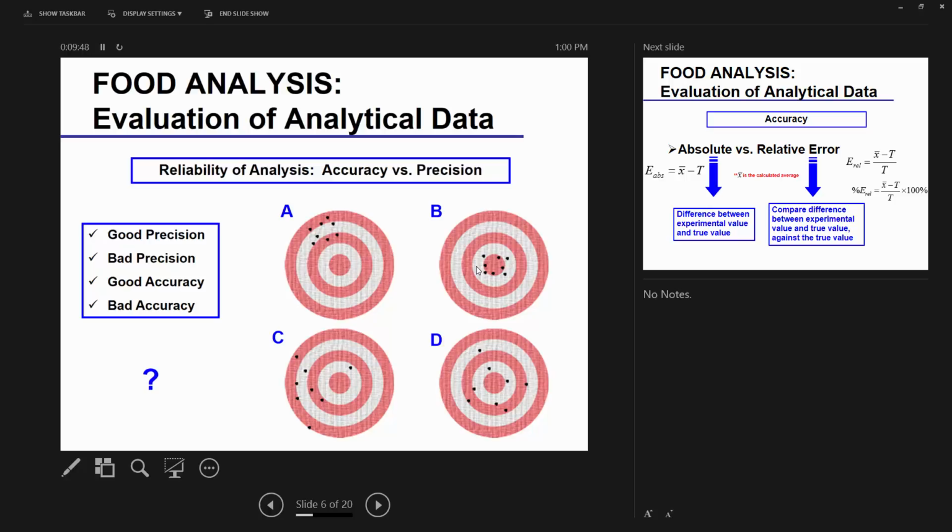However, somehow they're evening out and you're getting close to the true value. Here, there could be a systematic error. We're going to talk about the different errors. A systematic error could be that your pipette is not calibrated, so you're always pipetting 0.8 milliliter, for example, instead of 1 ml. You're not accurate, but you're always getting good precision. Things like that you have to troubleshoot to see how you can get to the B option.